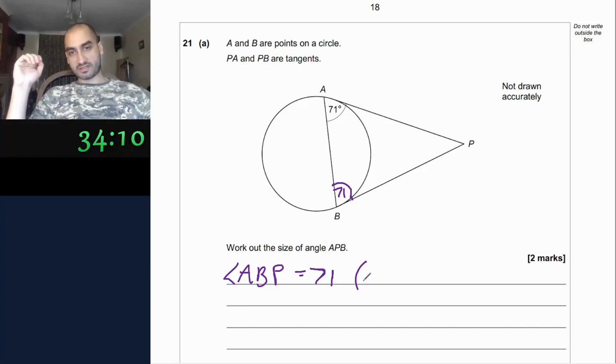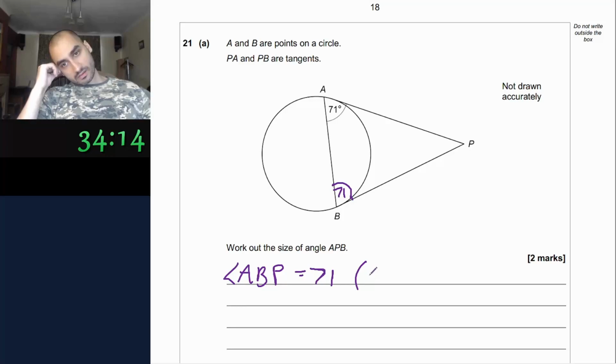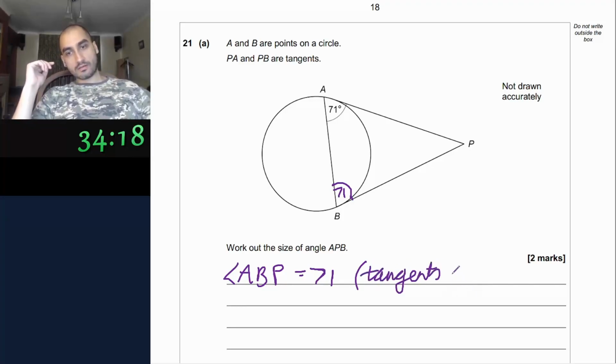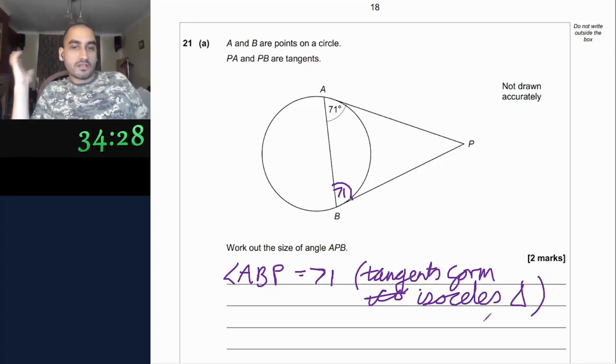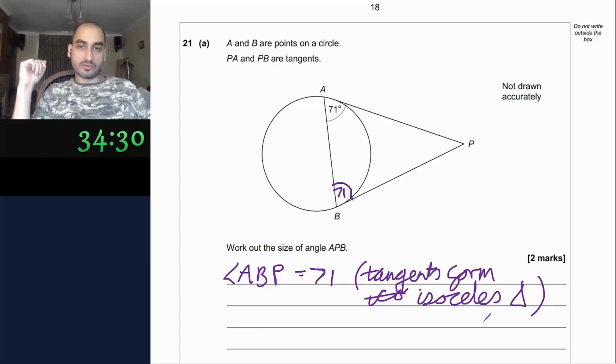Well, why? Because tangents form an isosceles triangle. I'm just saying that's a rule. Probably is. They must be. Okay.